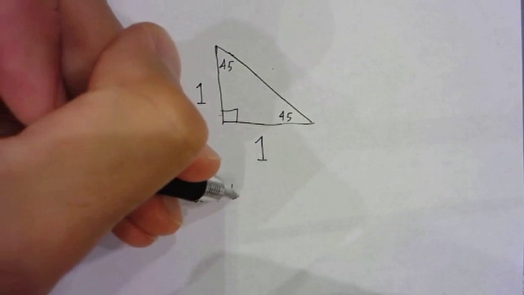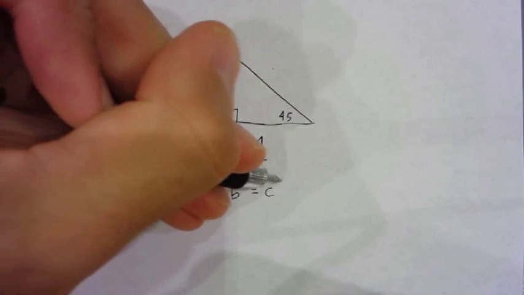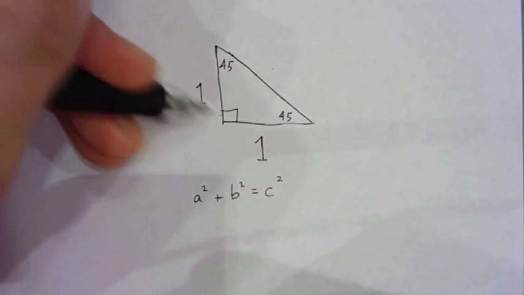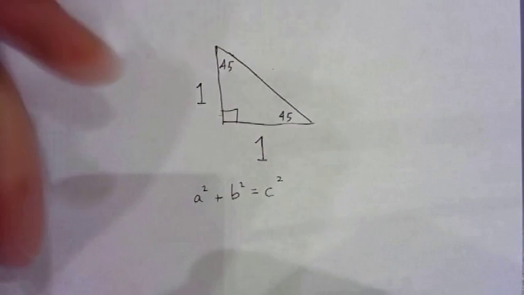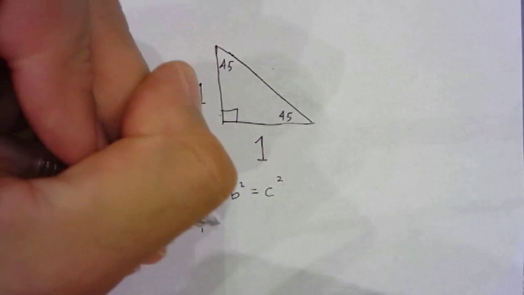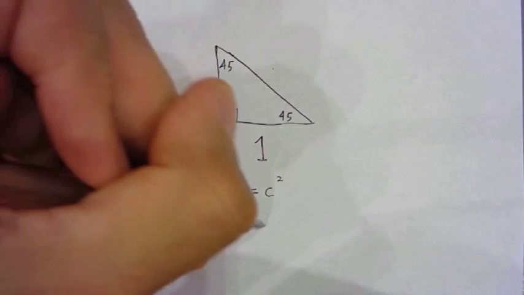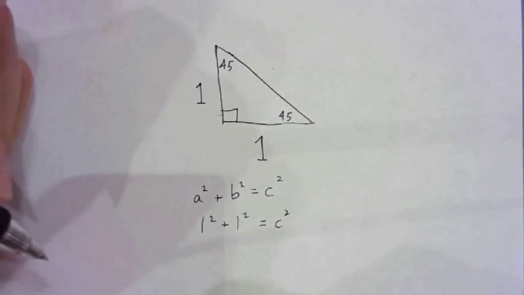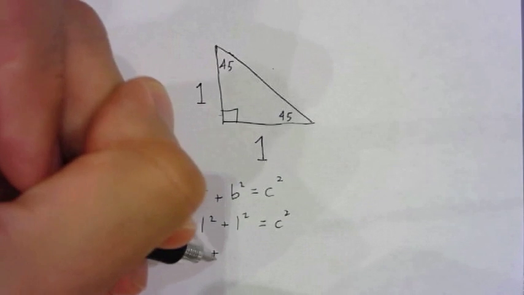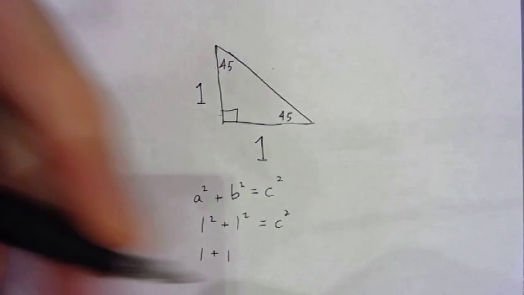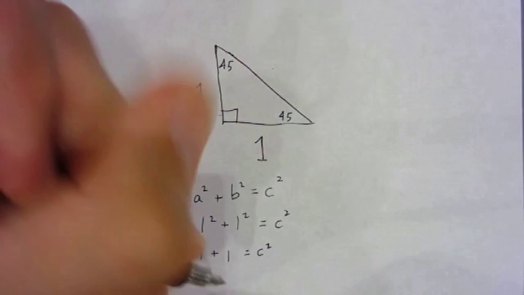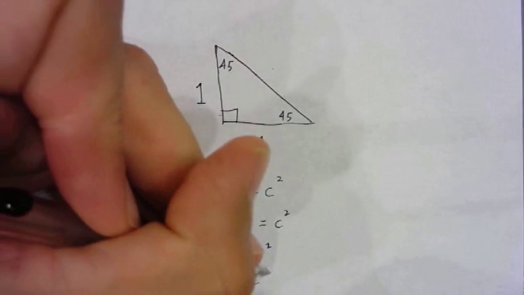A squared plus b squared equals c squared. In this case, a and b would be both of our legs. So 1 squared plus 1 squared equals c squared. 1 squared is 1, plus 1 squared again is 1, plus 1 is 2.